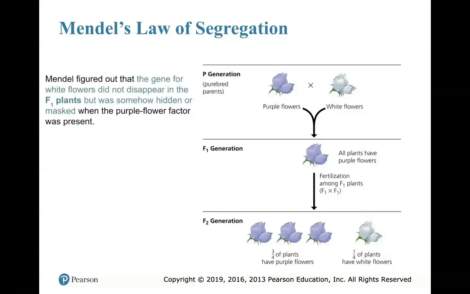He figured out the gene for the white flowers didn't disappear in the F1 plants, but they were somehow hidden or masked. So always there in that organism, but just masked when the purple flower factor was present.